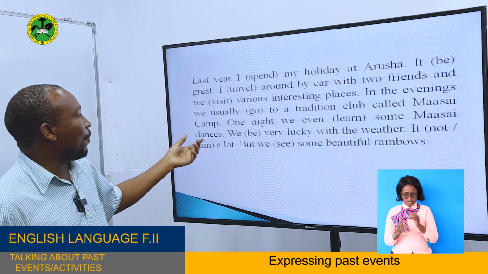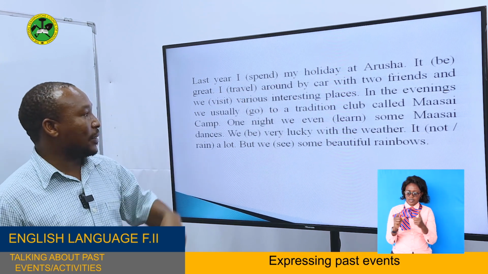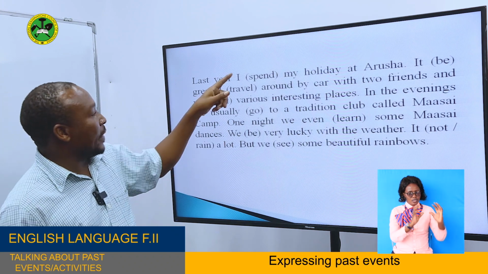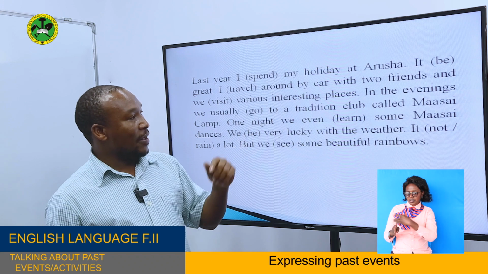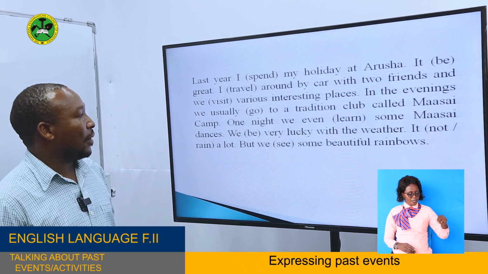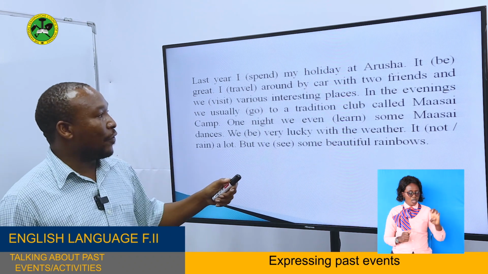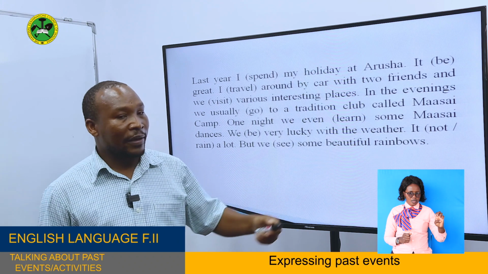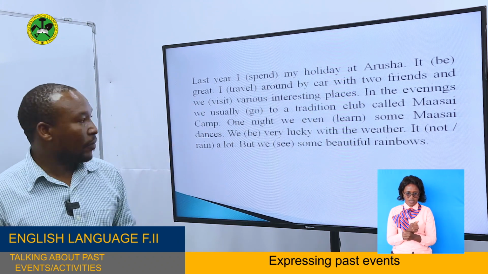Therefore, you change this to simple past. Last year, I spent my holiday at Arusha. I, verb to be, great. It, verb to be, great. Because it is singular, it will be it was great.